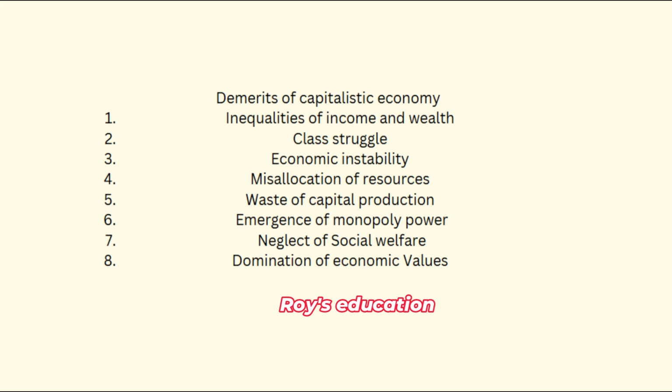This inequality is inherent in the capitalist system because of the institution of private property. Consequently, in a capitalist economy, the rich have become richer and the poor have become poorer.